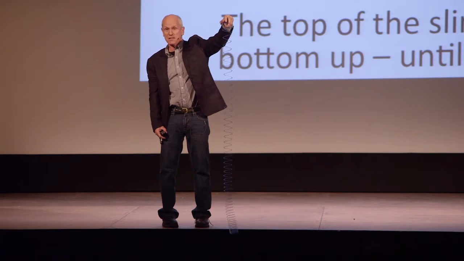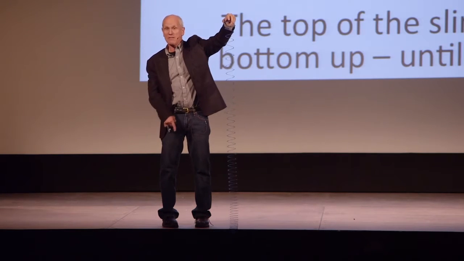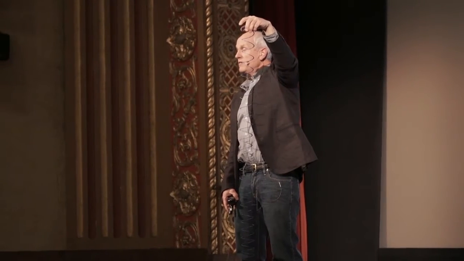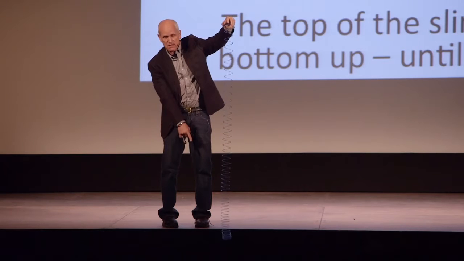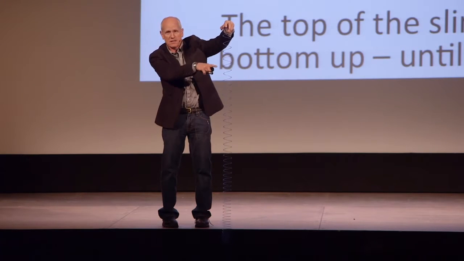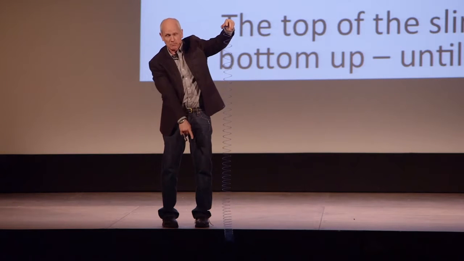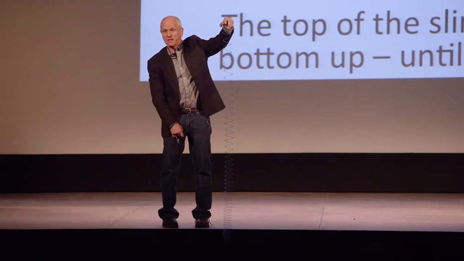The bottom part of the Slinky is where it is because even though gravity's pulling down on it, the rest of the Slinky is pulling up, right? And so when I let go of the top, here, I'll let go of the top, the rest of the Slinky is still holding the bottom. And it's not until the loops get close enough that the bottom of the Slinky knows that nothing is holding it up anymore that it starts to fall.